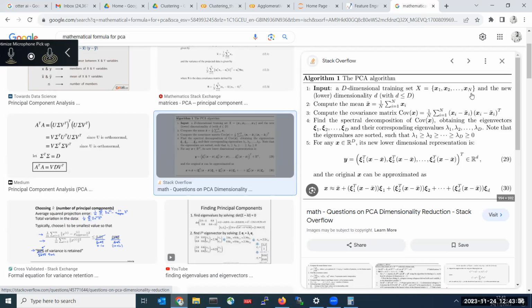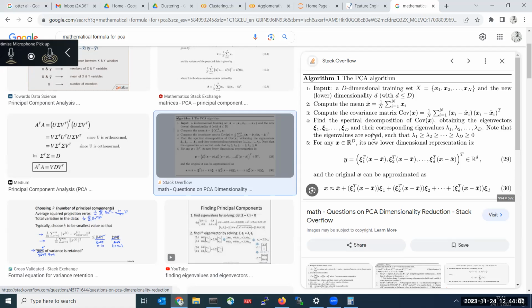All the features we provide, we compute the mean, and we compute the covariance matrix, and next the spectral decomposition, like how many vectors or features we need to form, it will create. By using this entire mathematical process, we create principal components. There is no need to go in depth on these concepts.